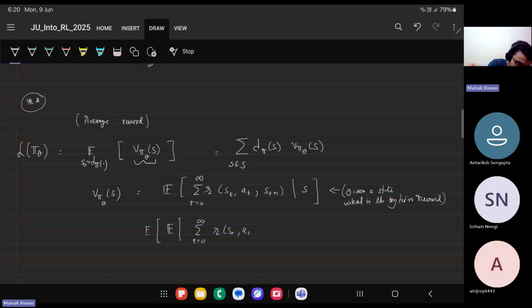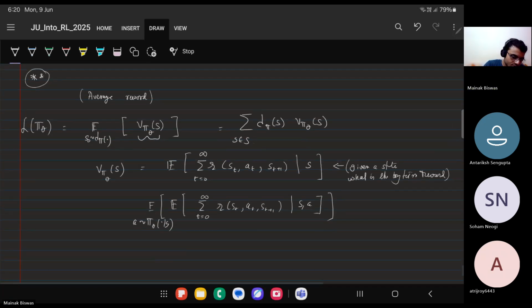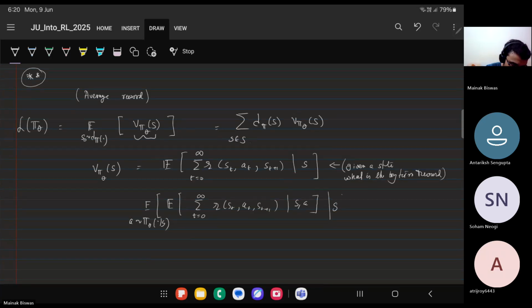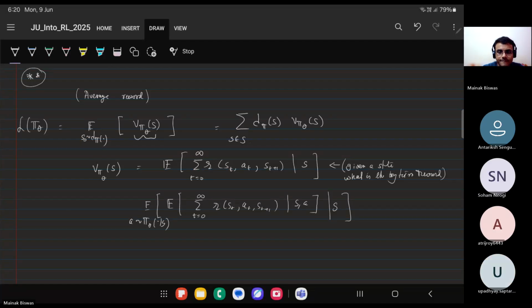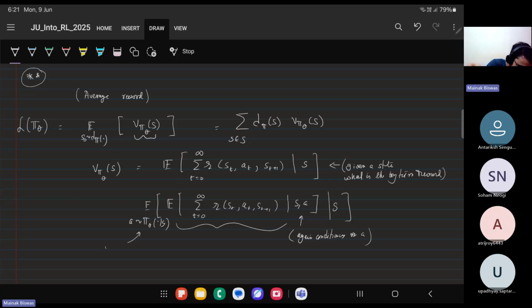Let's try and do an easier method. I sample from S comma A, and this action is sampled from pi theta. So all I'm doing is the inner summation. I am conditioning on A, and then this expectation marginalizes A.